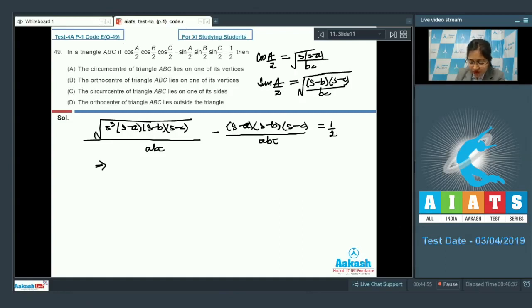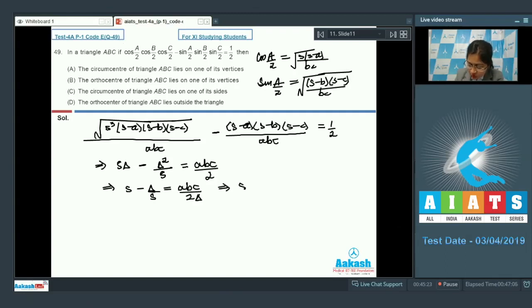Now from the first term if I take S common, then we will get here delta, multiplying numerator and denominator by S, we will get here delta square, and ABC can be put on the other side, so we will get ABC upon 2. Further, this can be written as S minus delta upon S is equal to ABC upon 2 delta.